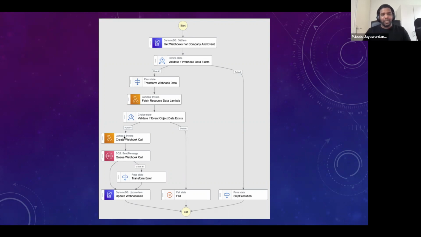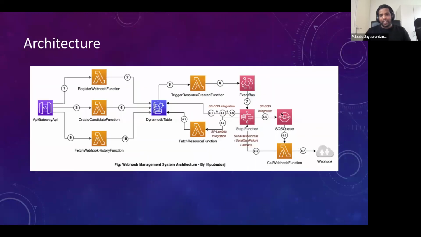And that data will be saved to DynamoDB with the webhook call status as pending. And this data will be sent to an SQS queue. And within SQS, I have a webhook function attached to it, so that it will process all the messages here.